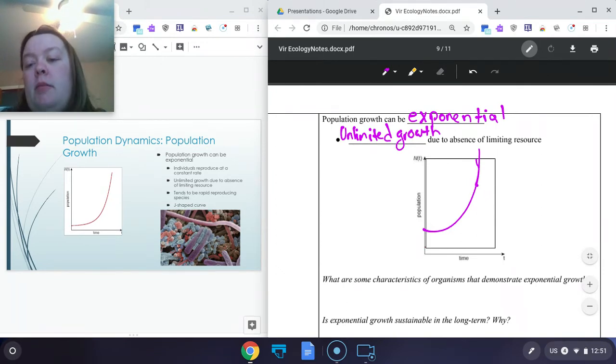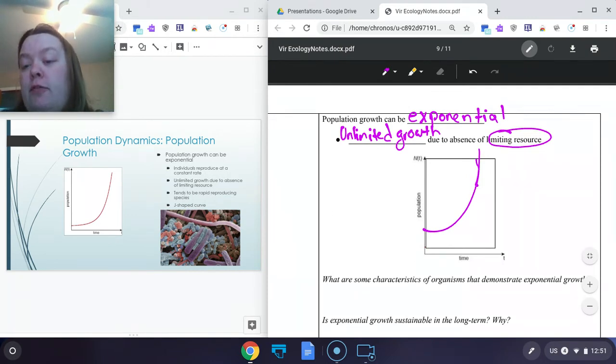So when we're talking about limiting resources, we're talking about things that are going to limit the size of your population. So for instance, food. If there's not enough food to feed all the organisms that are being born, your growth is not going to be exponential. It's going to be limited, because you don't have enough food to handle all the organisms.